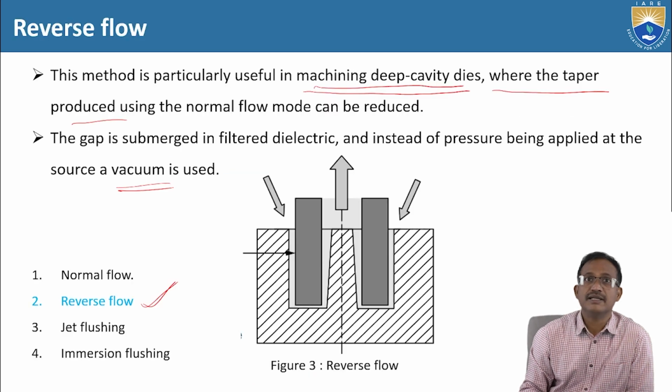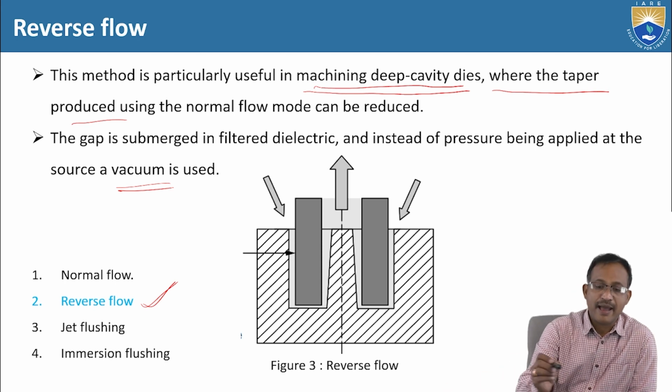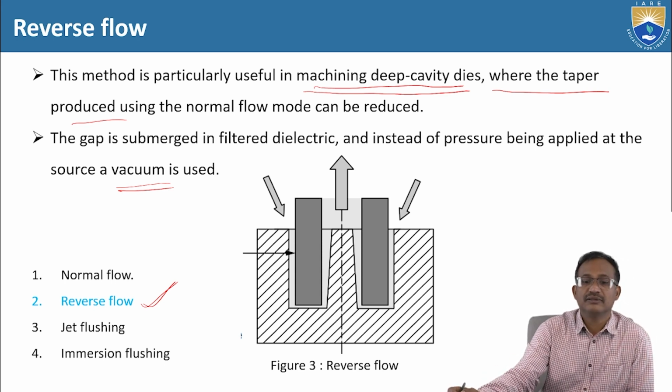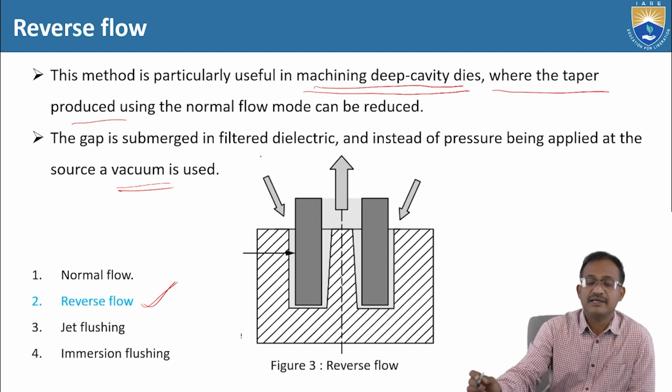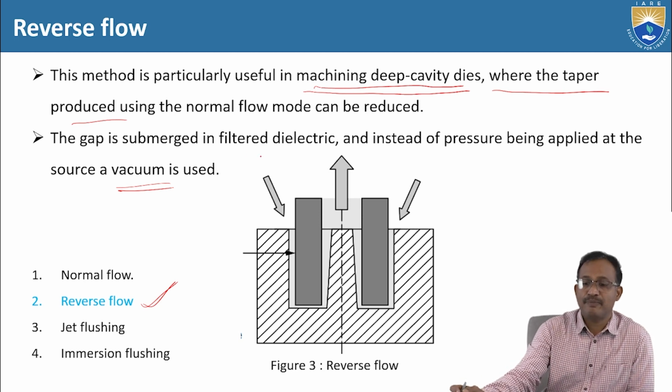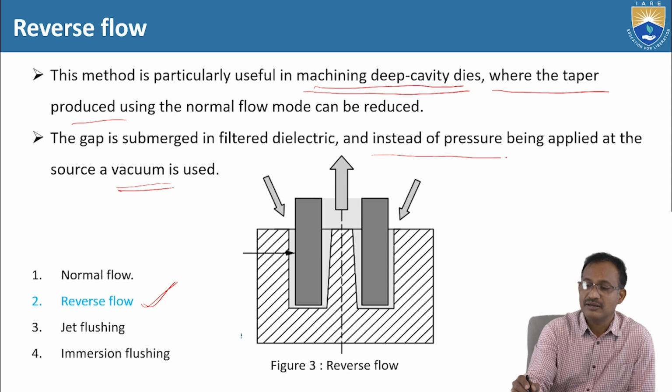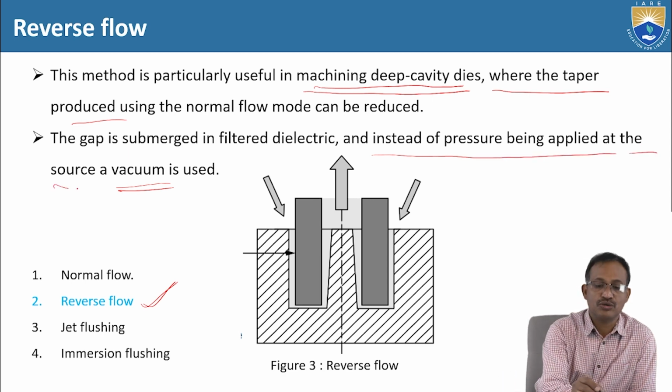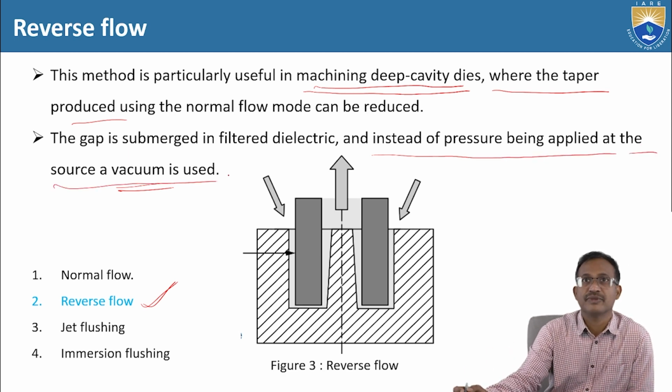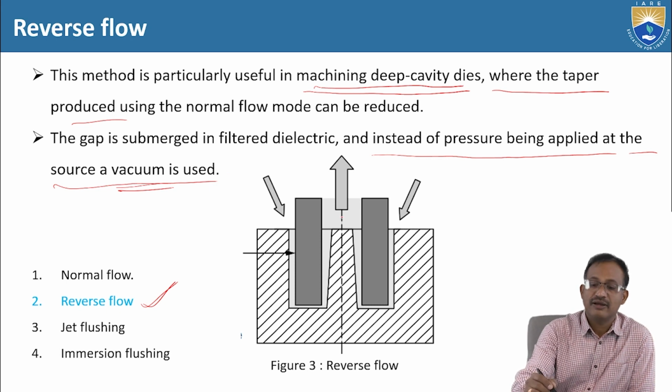But in reverse flow, what is happening? The gap is submerged in filtered dielectric, and instead of pressure being applied at the source, a vacuum is used.